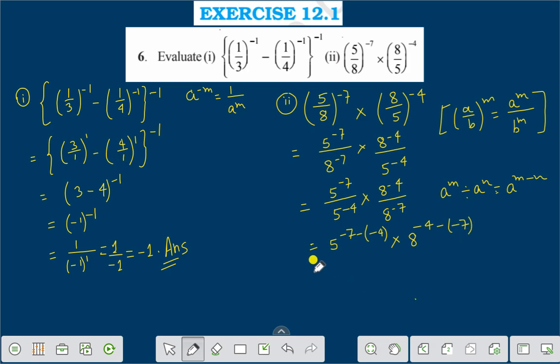Therefore, we are getting 5 to the power minus 7, minus into minus is plus 4, into 8 to the power minus 4, minus into minus plus 7. Therefore, we are getting 5 to the power minus 3 into 8 to the power 3.